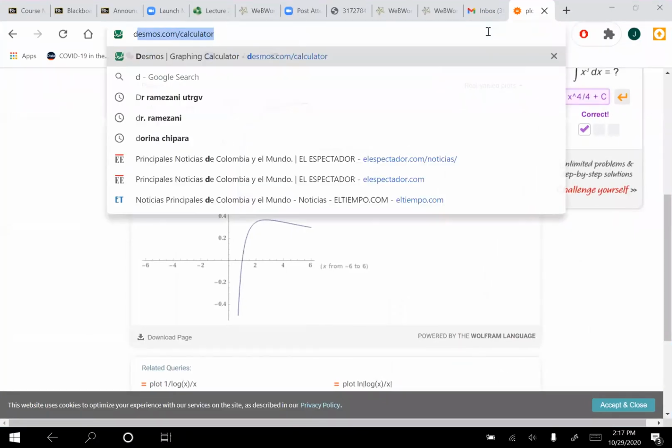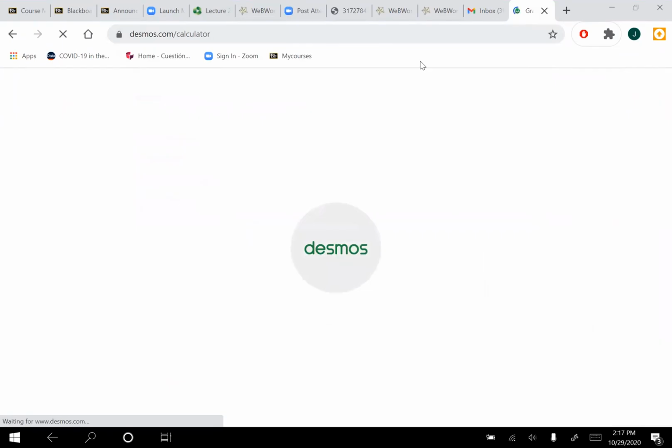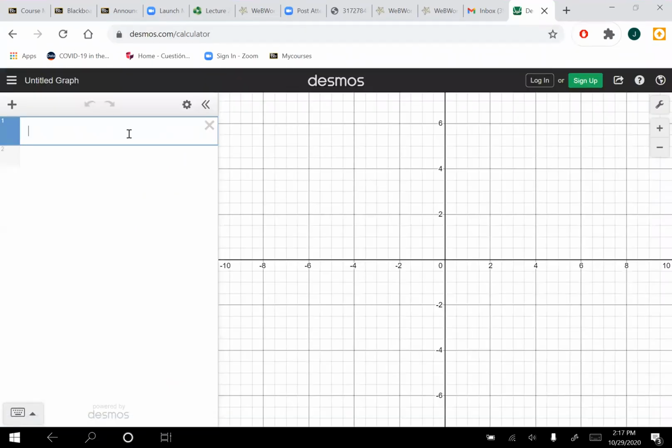Let me use decimals. So y equals ln of a, squared, and then divided by 2.